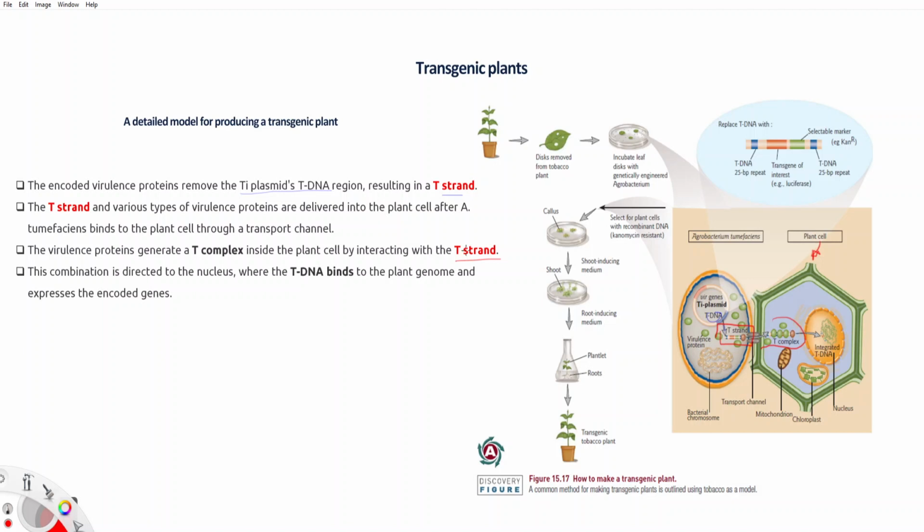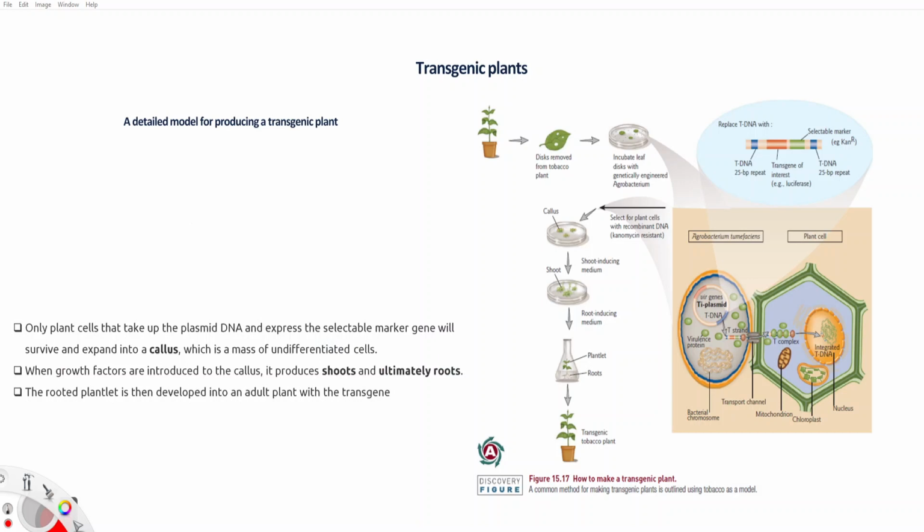And of course, this combination will direct everything to the nucleus, where your T-DNA is going to bind to the genome and become integrated. So if you follow the trend from our plasmid, you have a T strand, then you have a couple of virulence proteins that are carrying, escorting, accompanying this T-DNA as a complex until it reaches the nucleus. And once it's inside the nucleus, obviously it's going to become integrated there.